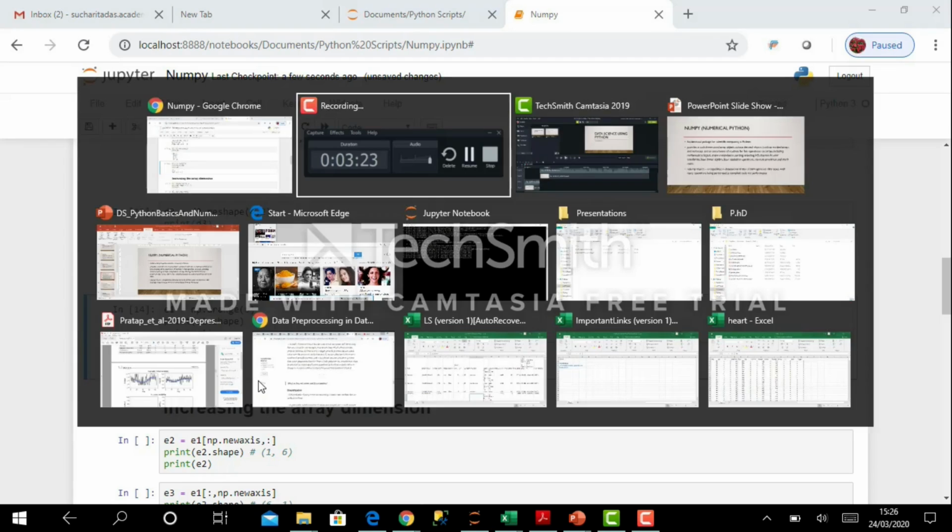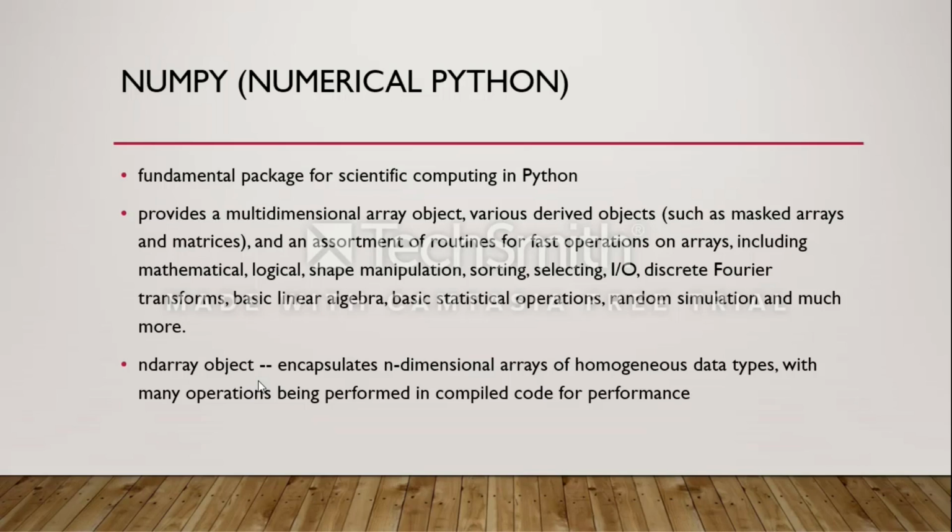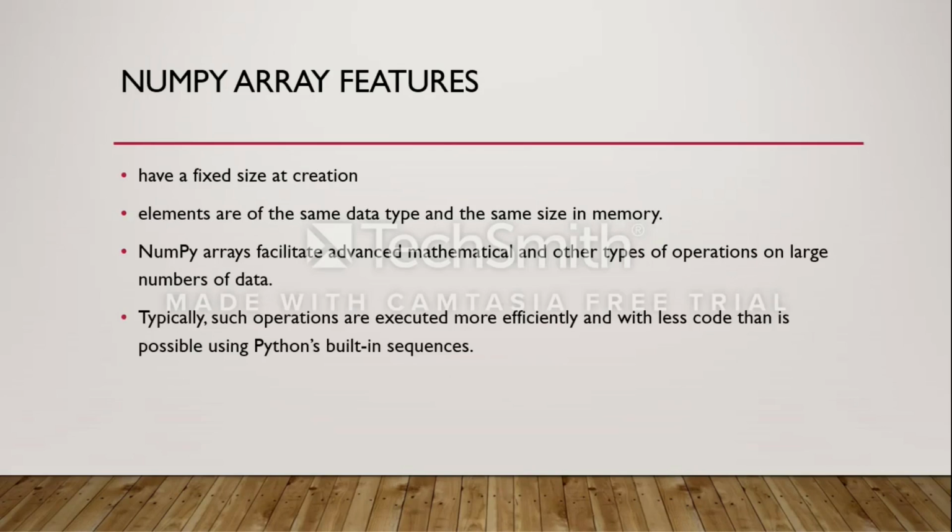Okay, fine. If I go back to my presentation, these are the features that we should know. First of all, it has a fixed size at creation. Elements are of the same data type and the same size in memory. Of course, as each element has the same data type, the size of each element will be the same in memory. NumPy arrays facilitate advanced mathematical and other types of operations on large amounts of data.